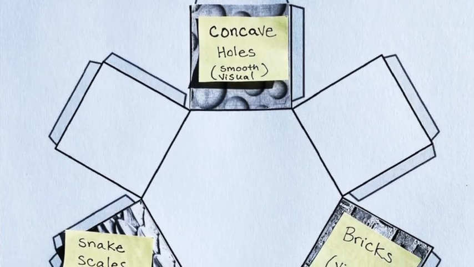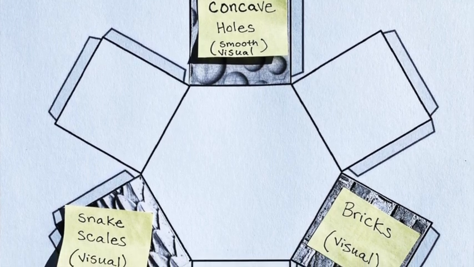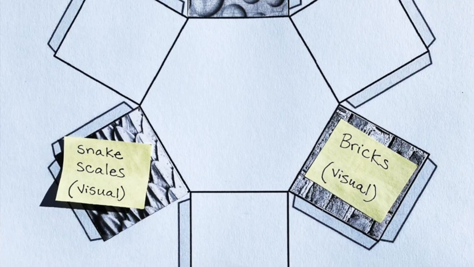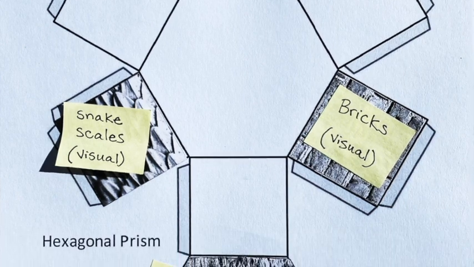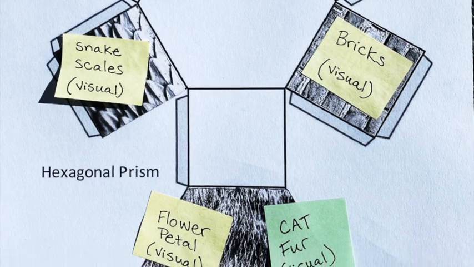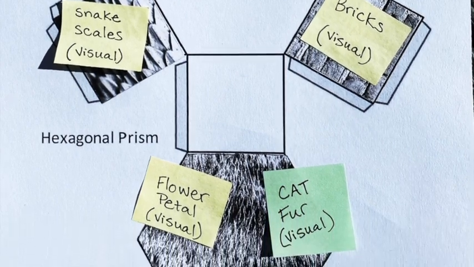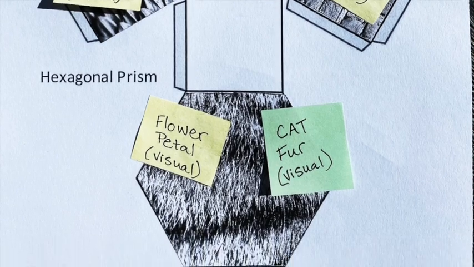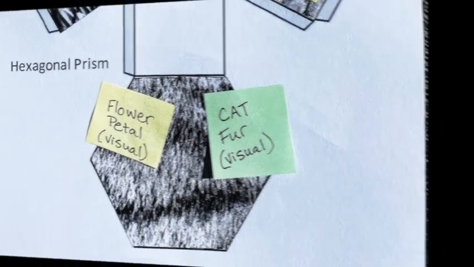Speaking of evolving and growing into something else, everything that I have in a yellow sticky represents what I continued to decide to draw, but then at the end I really wasn't feeling it to do the flower petals, so then I decided to draw the cat fur instead.